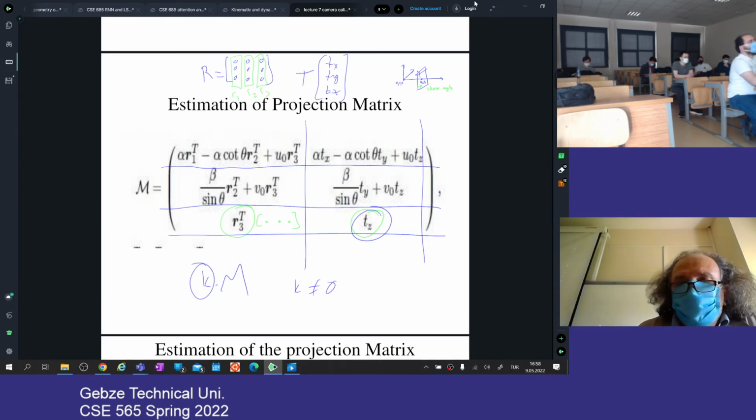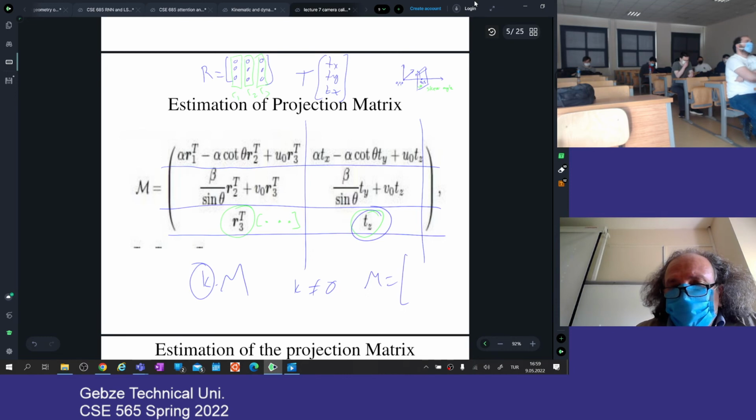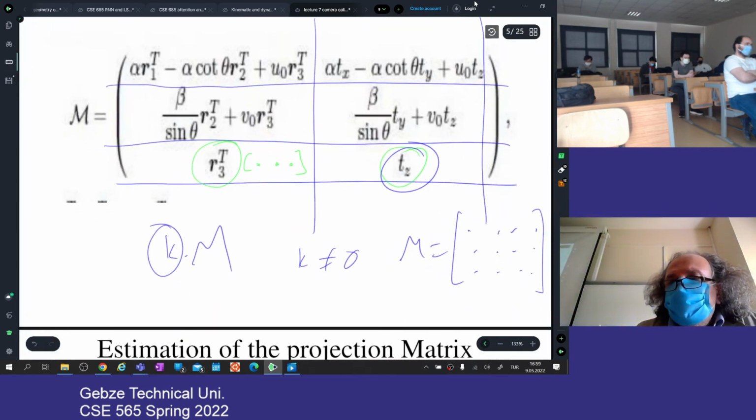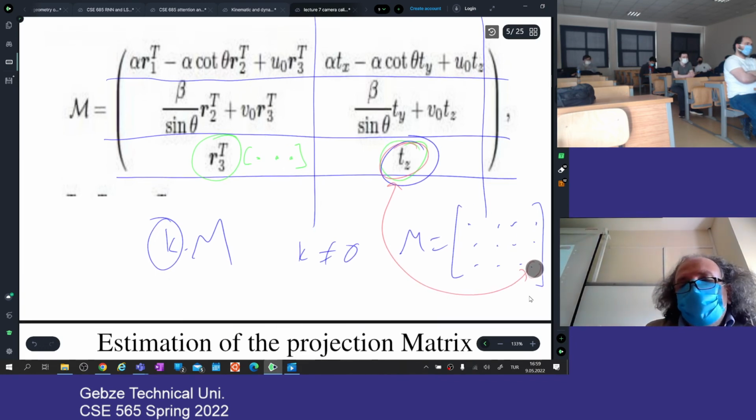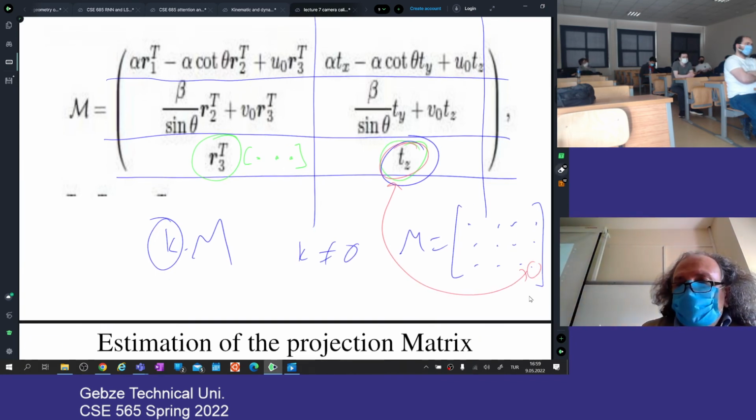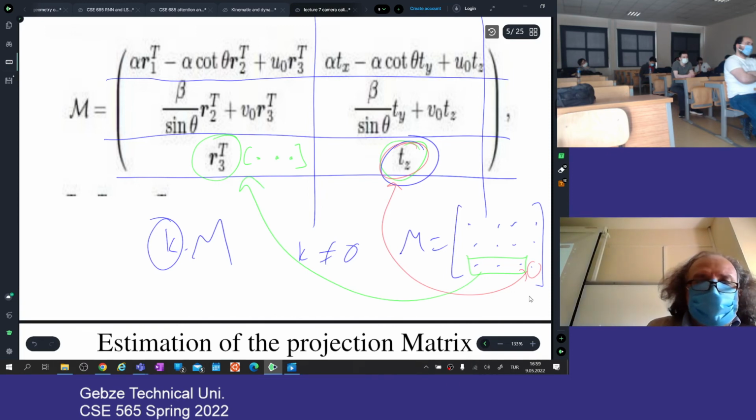I found an M that contains 12 numbers. You might say that this one will correspond to this one. Yeah, but TZ times K is this value, and I don't know the K. Again, are these three values the same as R3?